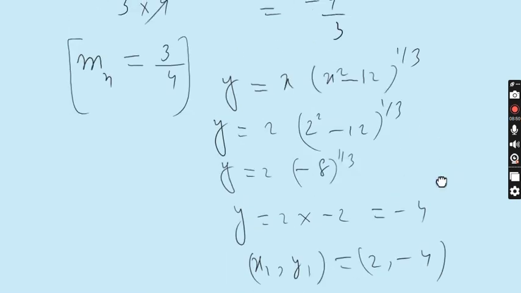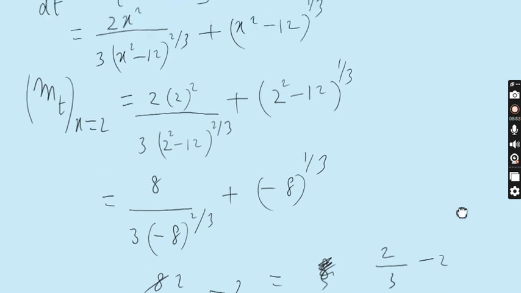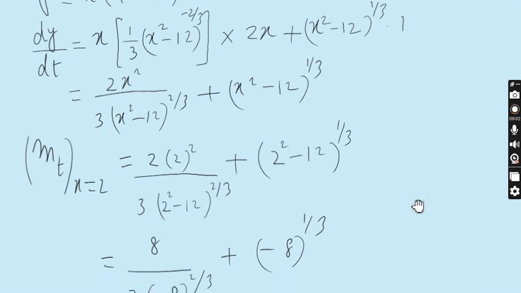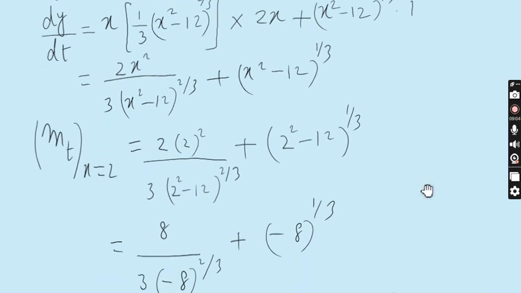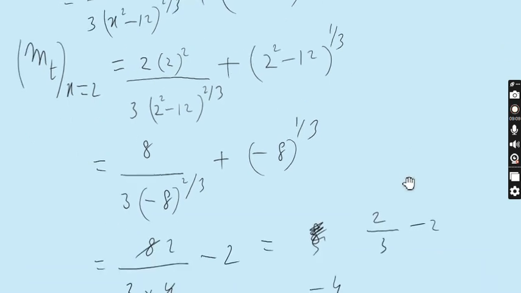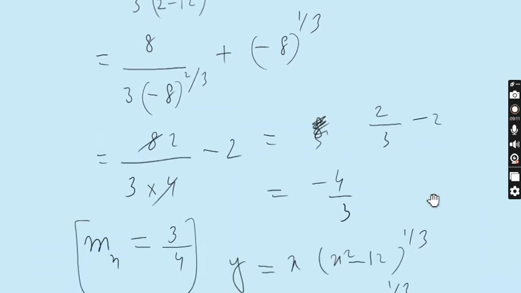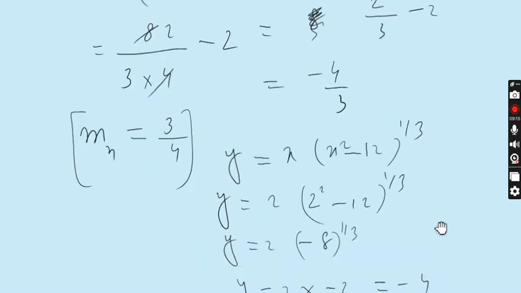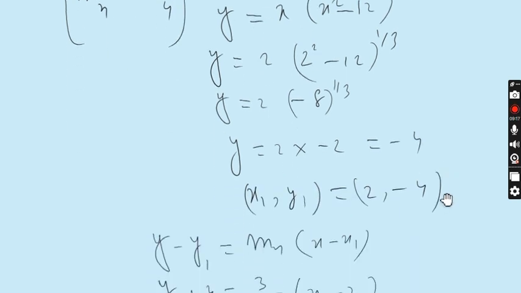So see all the steps again. First find the derivative, then substitute the value of x in the derivative. You can see minus 4 upon 3, then the gradient of normal is 3 upon 4, and put the values, get the answer.